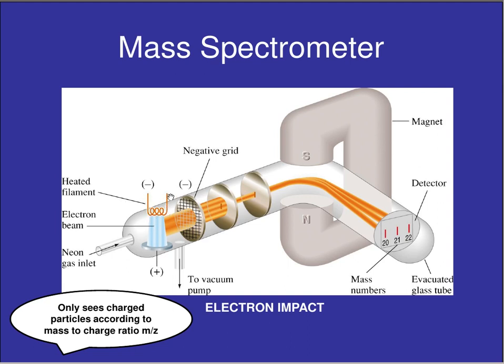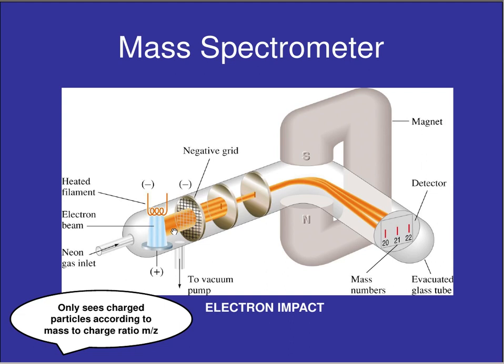The filament is so hot that there are electrons around it. Those electrons are pulled off by the positive plate, and these electrons come at high speed past the neon atoms that are coming in, and they knock off another electron from the neon, so the neon ends up with a positive charge even though there are electrons going past. So the neon ends up with a positive charge.